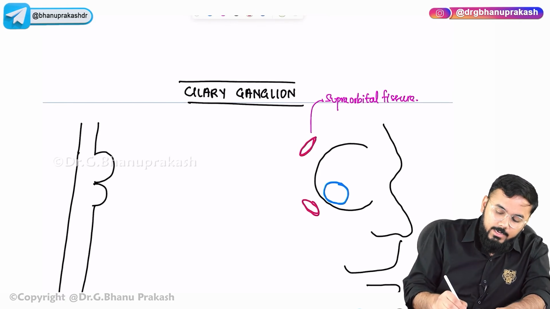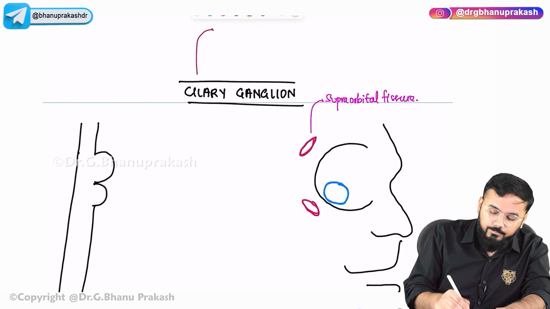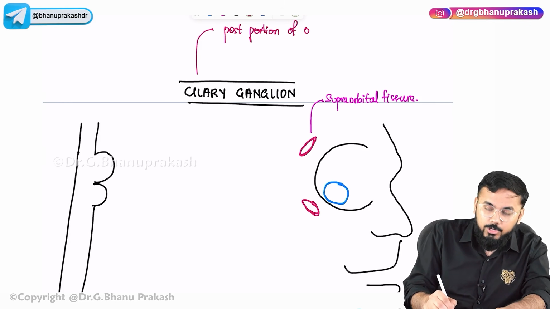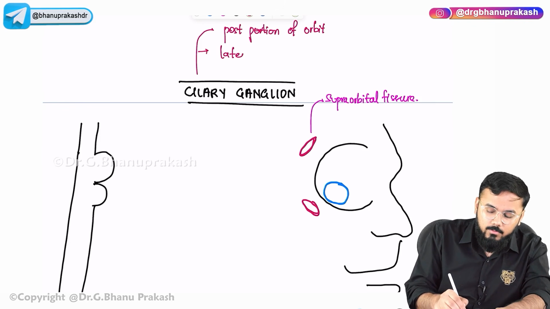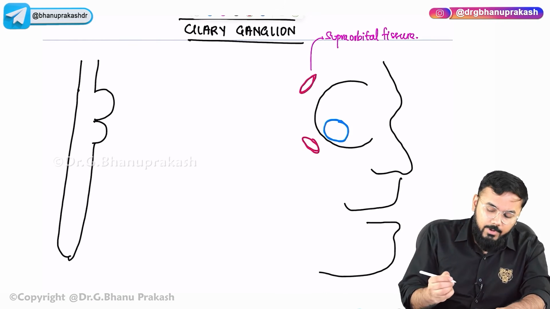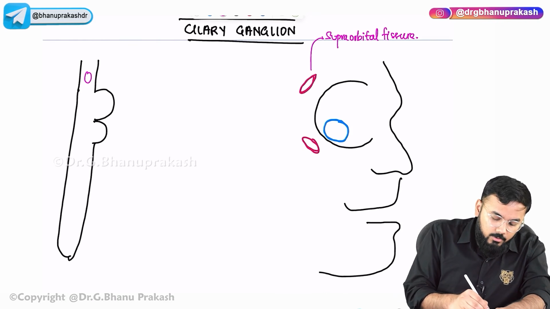So the ciliary ganglion is located in the posterior portion of your orbit, lateral to the optic nerve.